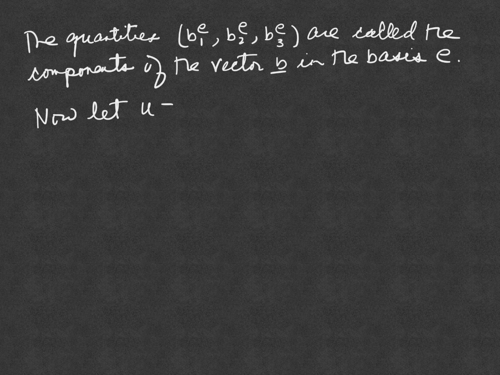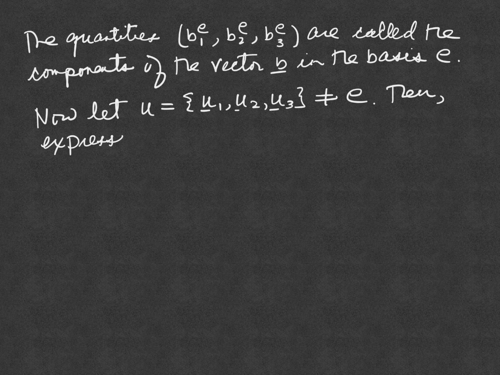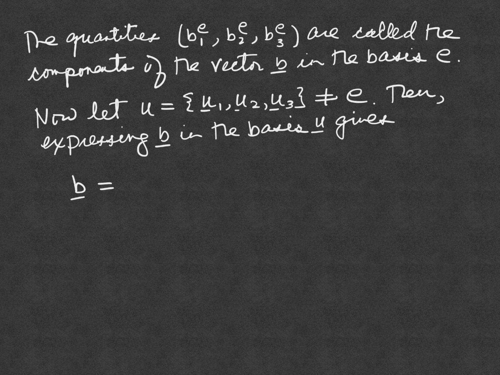I'm going to call this basis U, and it's equal to U1, U2, U3, but it's not equal to E. Then, expressing B in the basis U gives that B is equal to B1U U1 plus B2U U2 plus B3U U3.